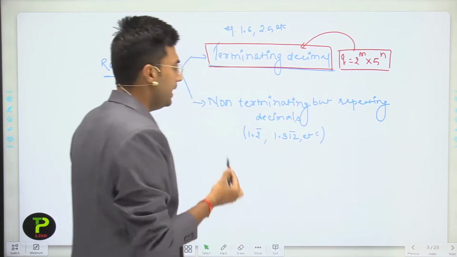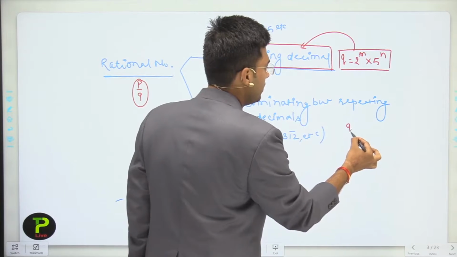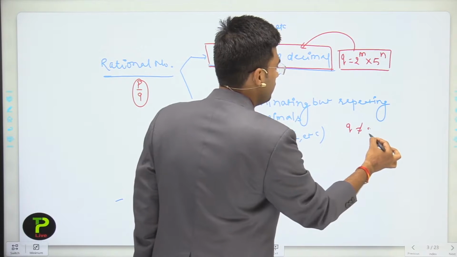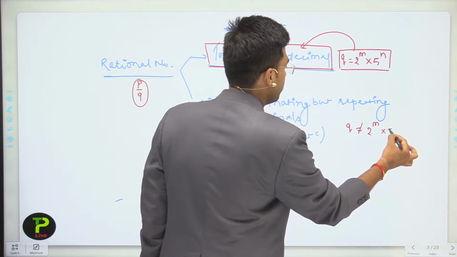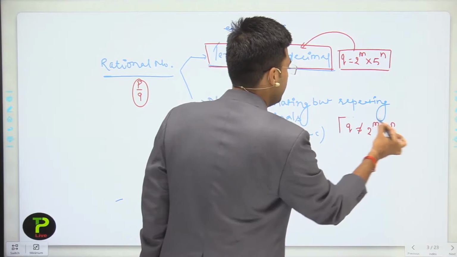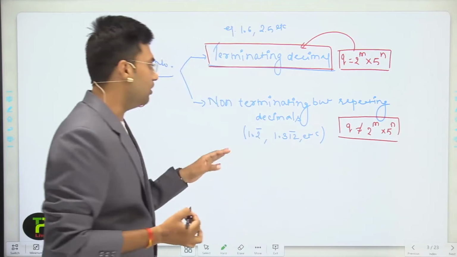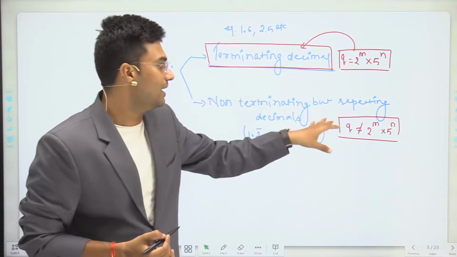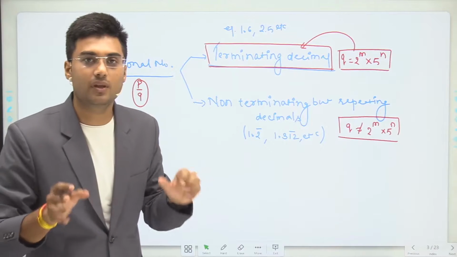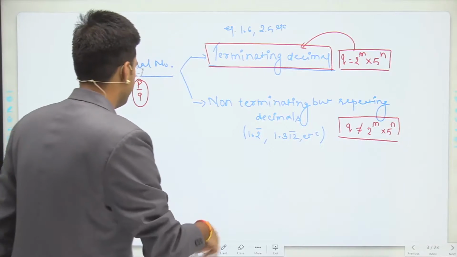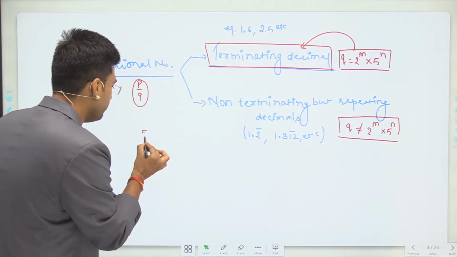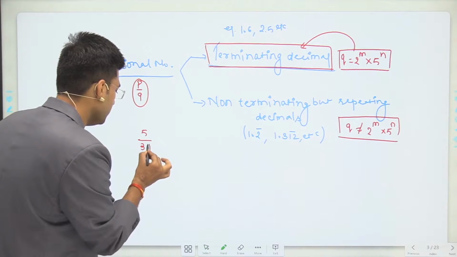Or if q is not in the form of 2 power m multiplied by 5 power n, then it is a non-terminating but repeating decimal. Clear? Let's take one example. 5 by 343.